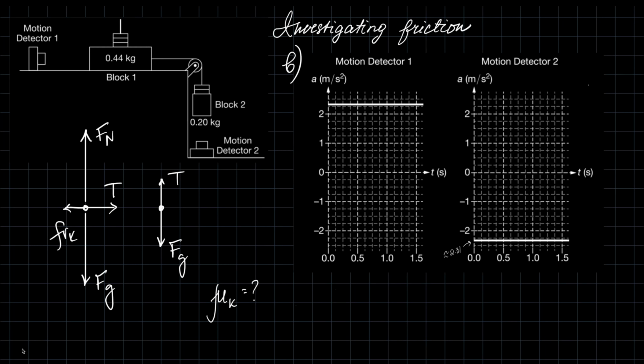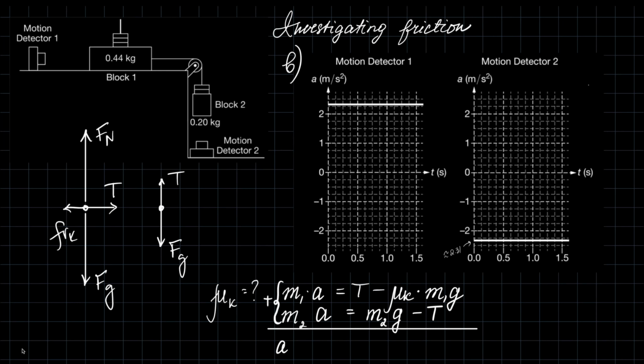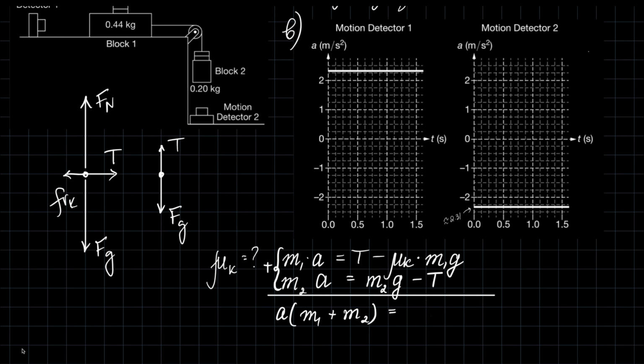So we're going to set up a system of equations. For block 1, it's m1 times acceleration equal to tension minus mu kinetic times m1g. Block 2, it's also accelerating, and in this case we have m2g minus tension. If we add these two, because it's a system, we can: a times (m1 plus m2), tension cancels, and this is going to be m2g minus mu k m1g.